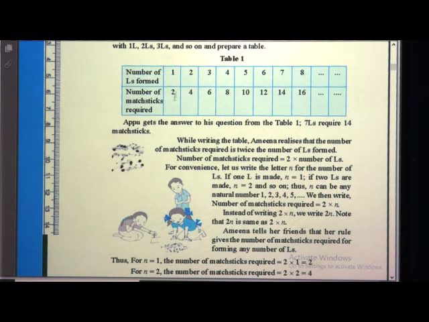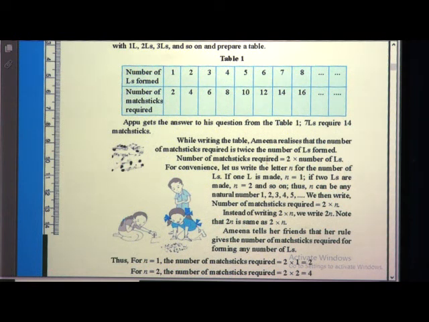Double of 1 is 2, 2 2s are 4, 3 2s are 6, 4 2s are 8, 5 2s are 10, 6 2s are 12, 7 2s are 14, 8 2s are 16. It means the number of matchsticks required is double the number. So we can write number of matchsticks required is equal to 2 into number of L's.